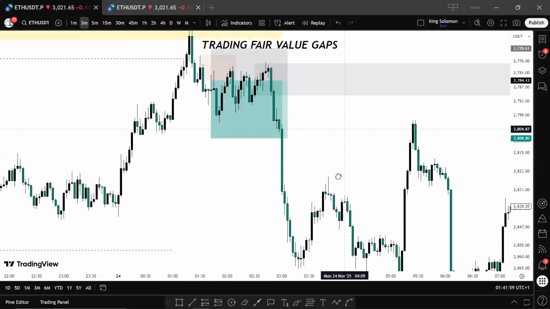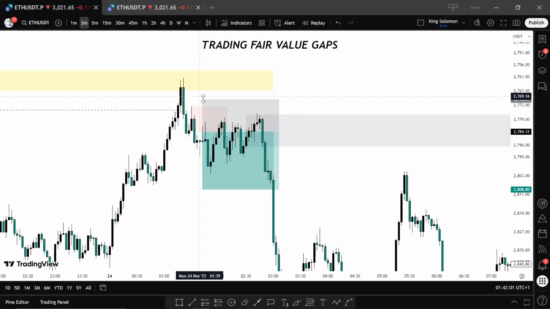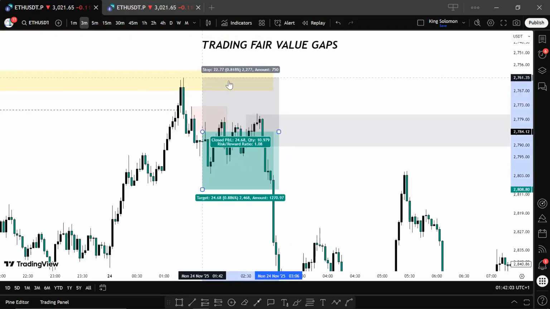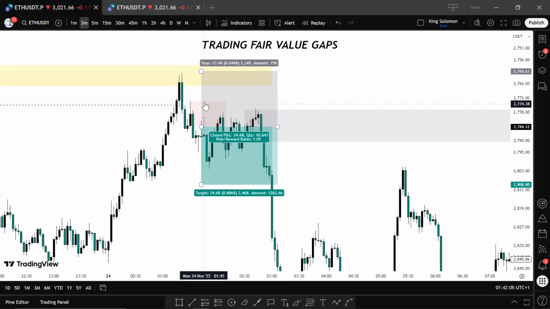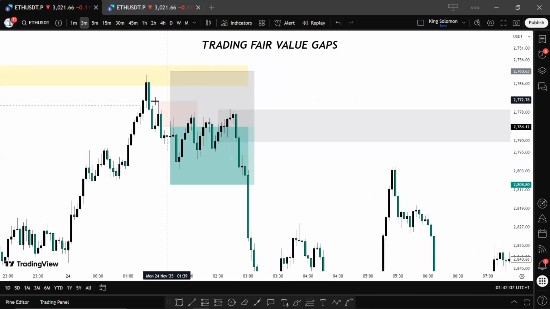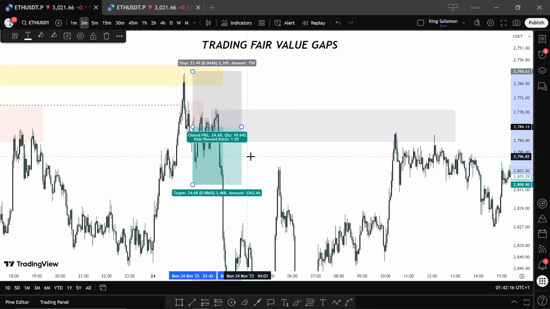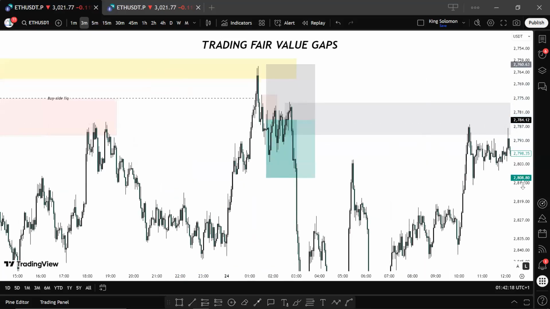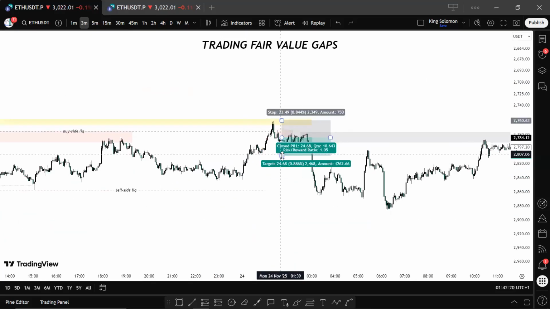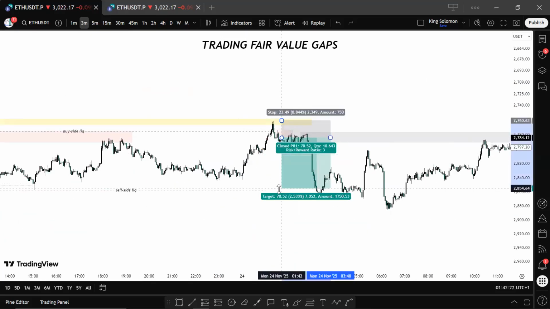Actually, I think my TP was here, because I was guessing the price might want to come for this POI, so I just wanted to play it very safe. So I had my SL at this high, and then my TP was at this sell side liquidity.